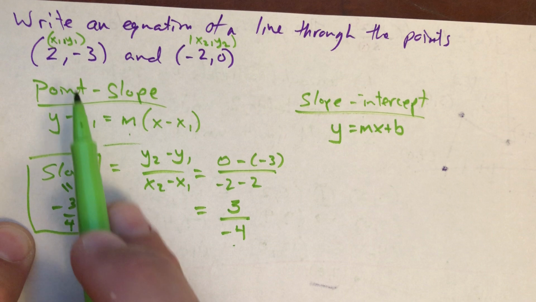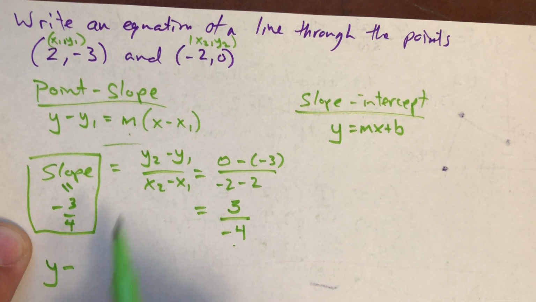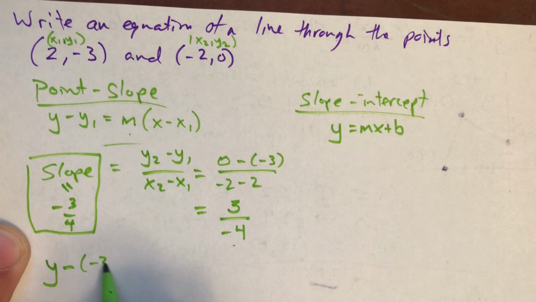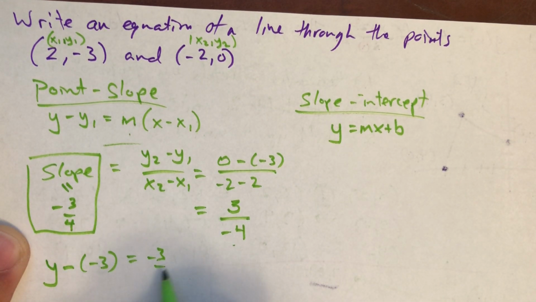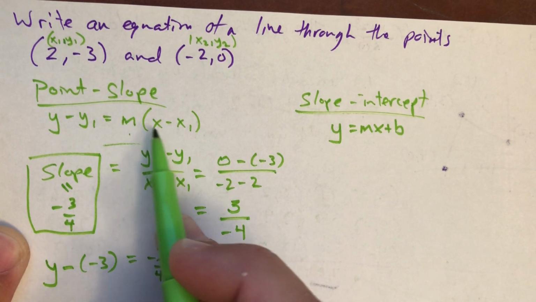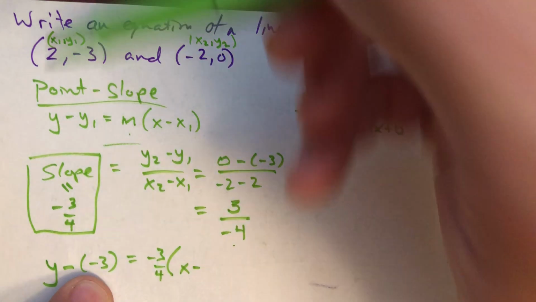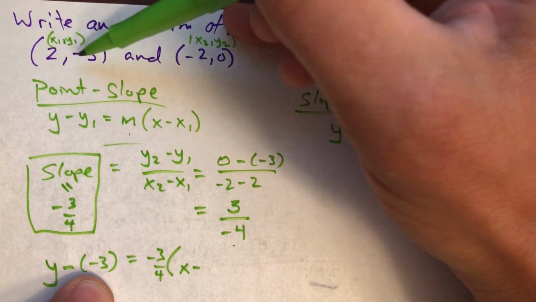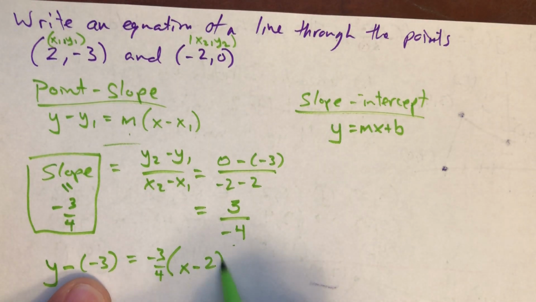So let's just use that guy. So we've got y minus y1, which is -3, equal to our slope, -3/4, and then we've got our x minus our x1. We got to be careful. We're using the same point for both of these. So our x1 is our 2.